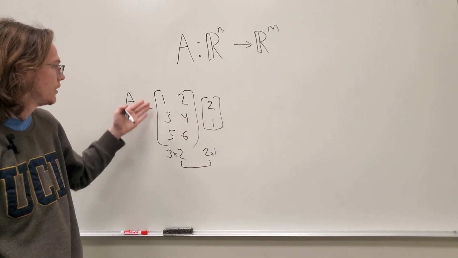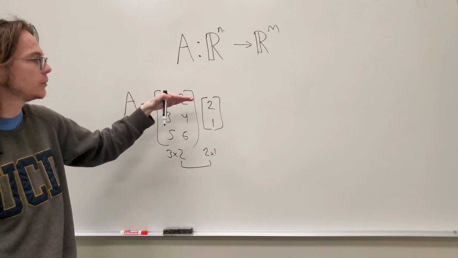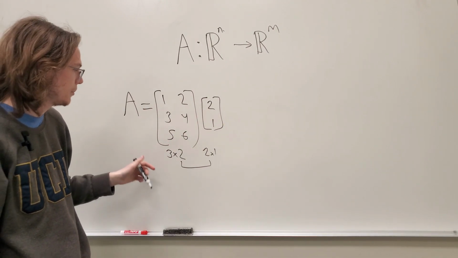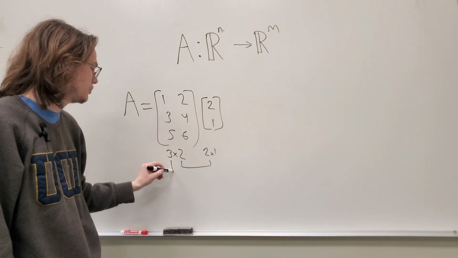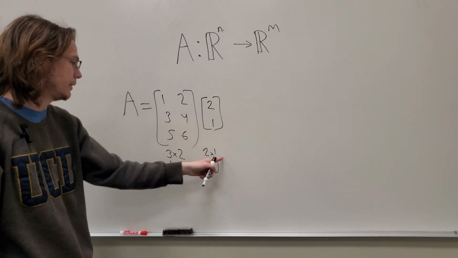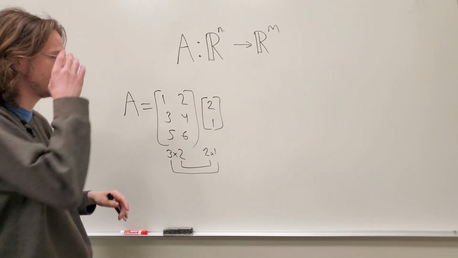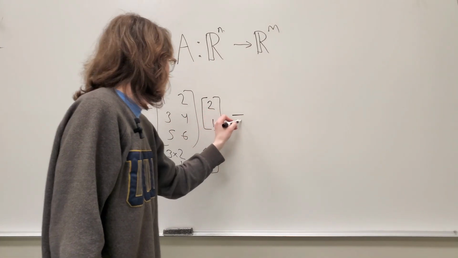The number of columns in one has to be equal to the number of rows in the other. Your output is going to have the dimensions of the outer numbers. So let's just do this one real quick.